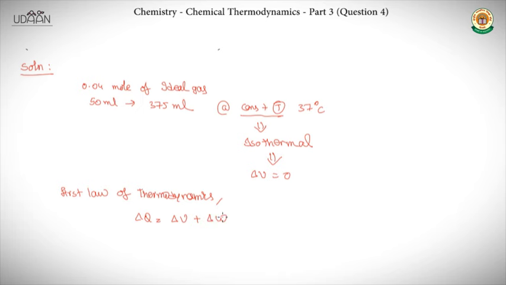But delta U is 0 since it is an isothermal process. So delta Q is equal to delta W. In the sense, whatever heat you are supplying to the system, that heat is utilized for doing work.